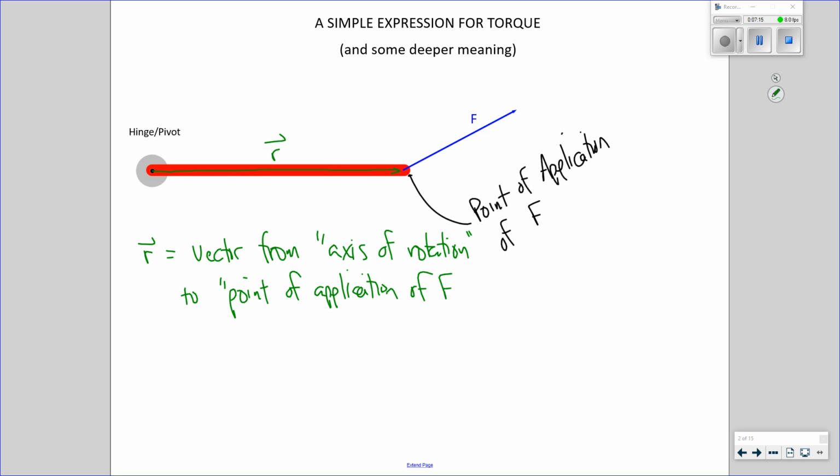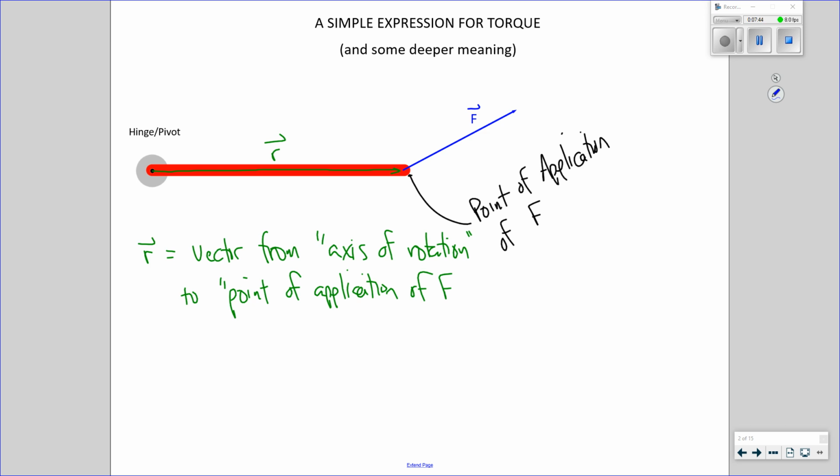Okay? Now, how much torque does force F produce? Well, force F does produce torque because that force exerted at that location can cause this object to angularly accelerate, or, in real simple terms, to rotate. But here's the deal. Only part of this force causes rotation, or the tendency to angularly accelerate.